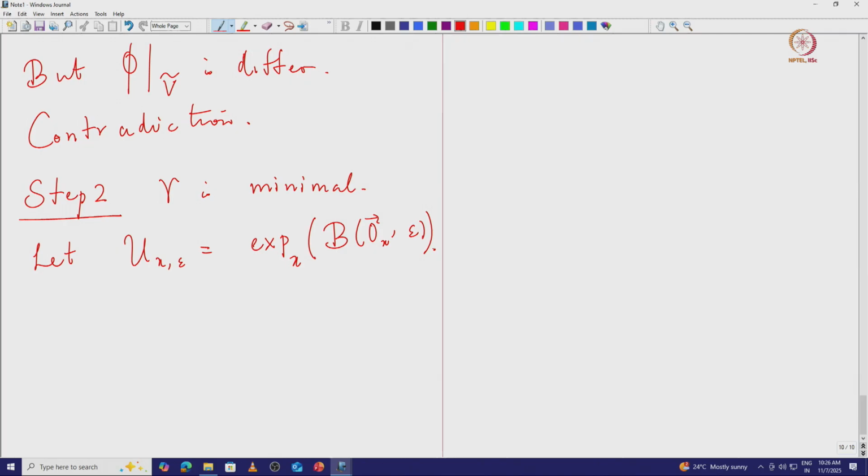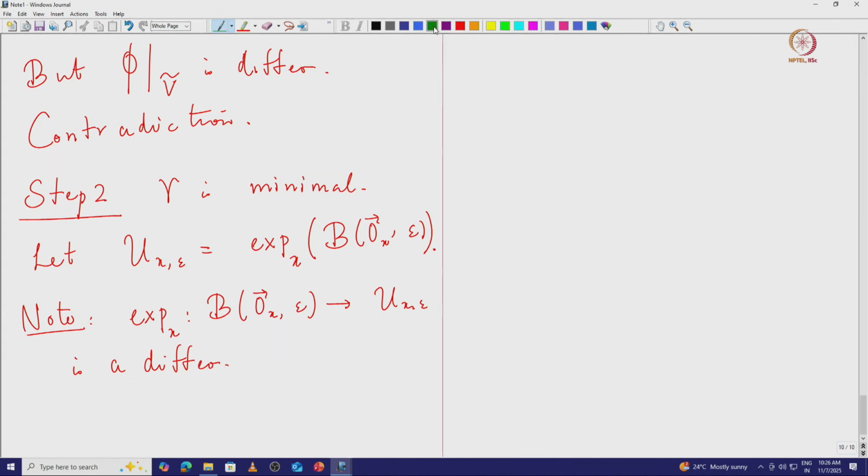Okay. So note that the exponential map at x, by the choices we have made of epsilon and V tilde, is a diffeo. Okay.